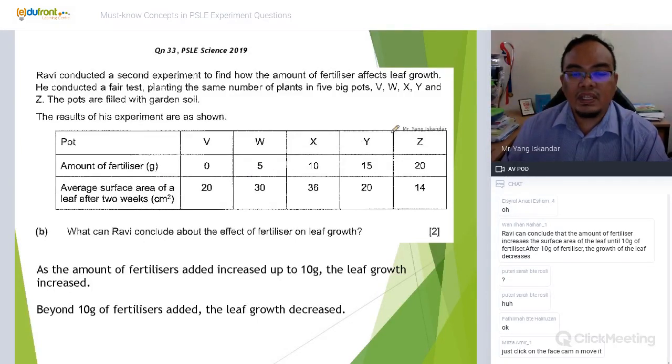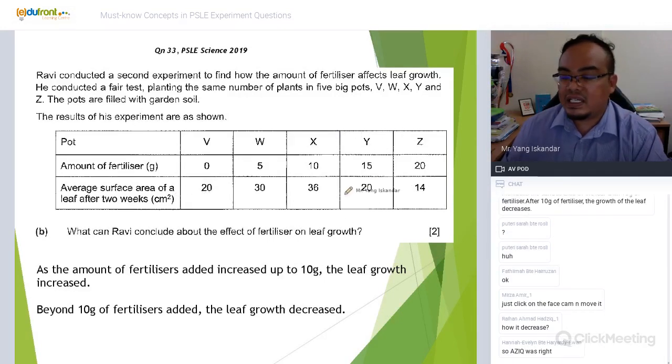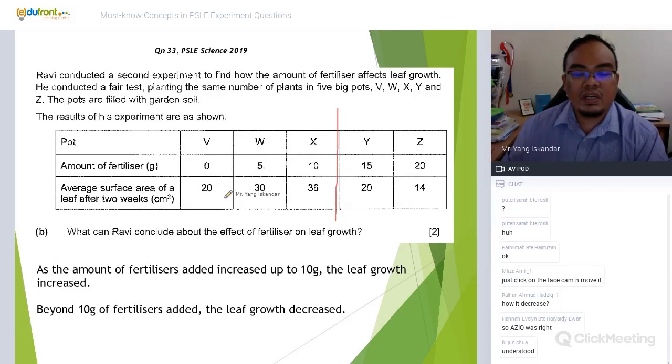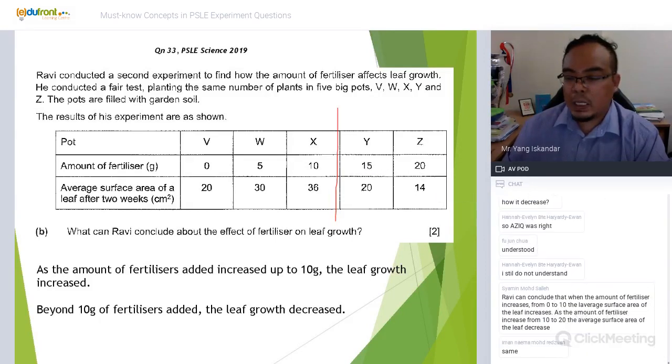If you add more fertilizer, the surface area of the leaf will decrease after 10 grams is added, right? Okay, now you can see there are two parts to the question. The first part, you must say that as the amount of fertilizer increases, the leaf growth increases, but beyond 10 grams of fertilizer added, the surface area of the leaf actually decreases. Okay?